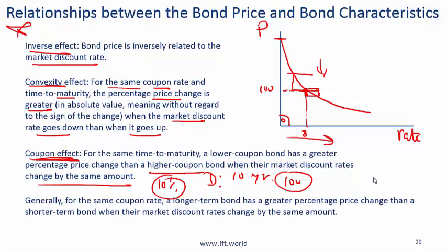Then you have another bond called, let's say, bond B, which is a 10-year bond, but this has a 10% coupon.